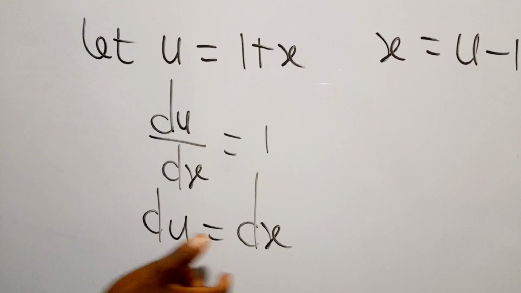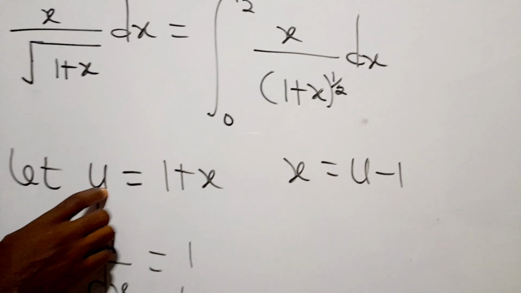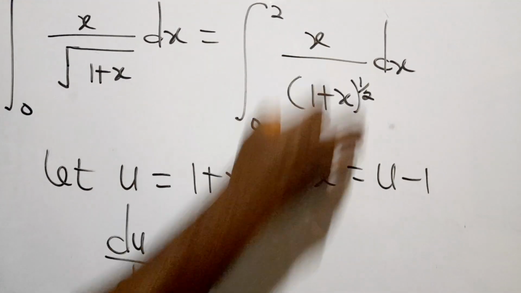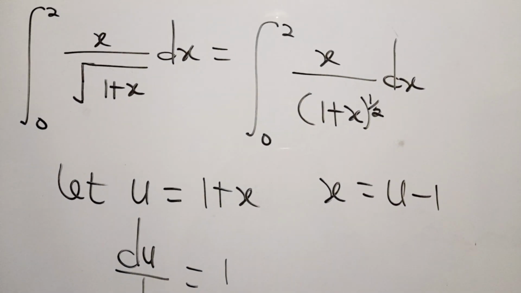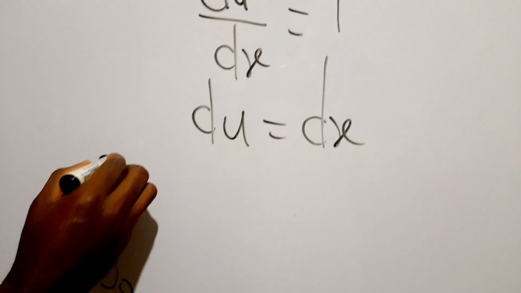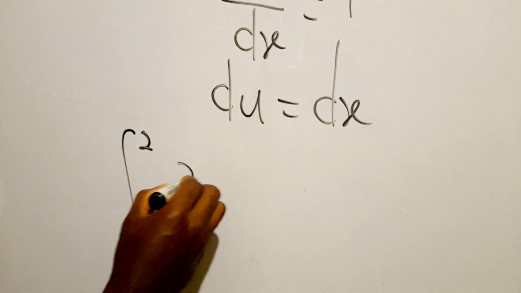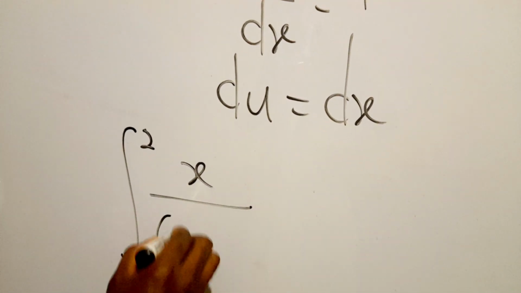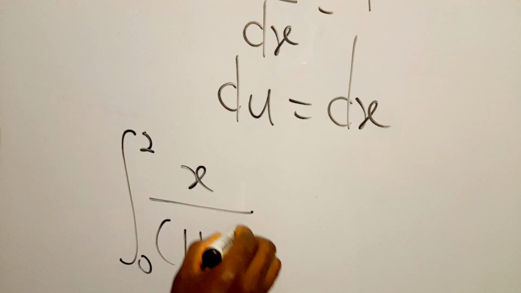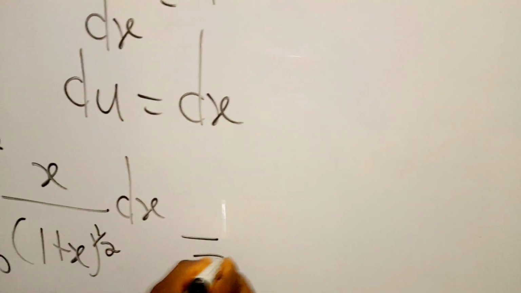So since du is equal to dx, and we know x to be u minus 1 and u to be 1 plus x, we substitute those necessary things. So we can say the integral spanning from 0 to 2 of x all over (1 plus x) exponent half dx. Before we rewrite it, let's find the limiting values for u.